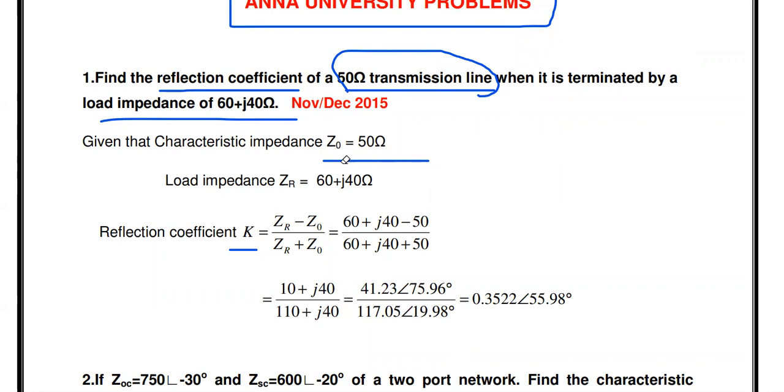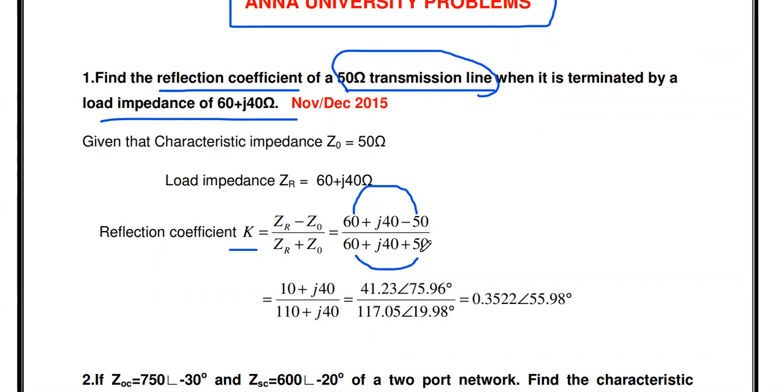Using that, we just substitute the ZR value and Z0 value in our reflection coefficient formula. So ZR, 60 plus j40 minus 50, divided by 60 plus j40 plus 50. Taking real with real: 60 minus 50 gives 10 plus j40.